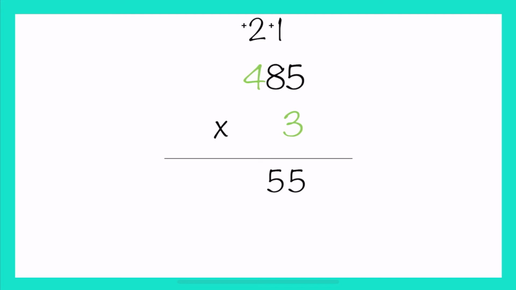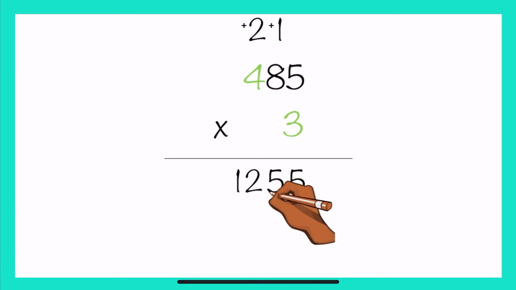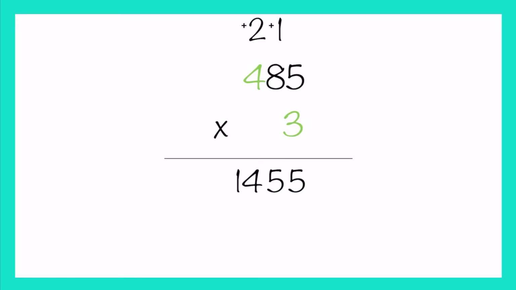Finally, we multiply 4 hundreds times 3, which is 12 hundreds. Don't forget to add that extra number. 12 plus 2 equals 14. So that's going to be 14 hundreds. My 4 goes at the bottom.